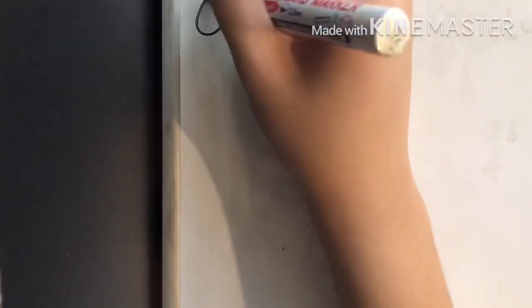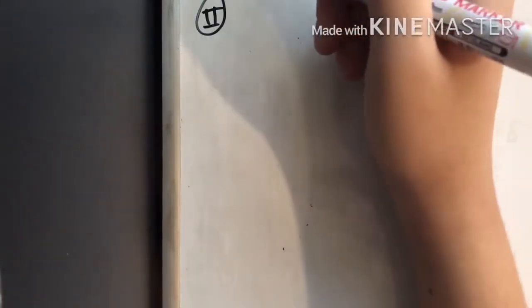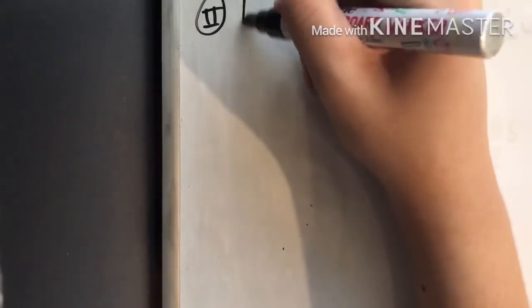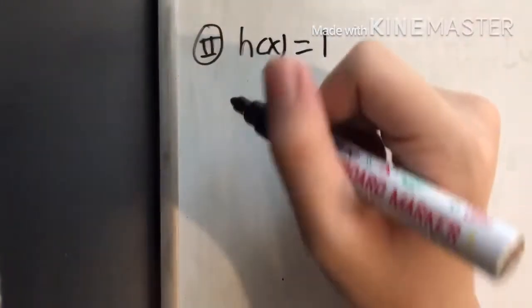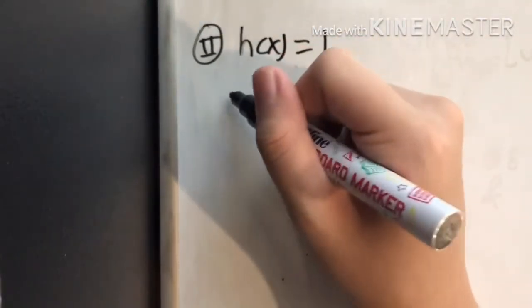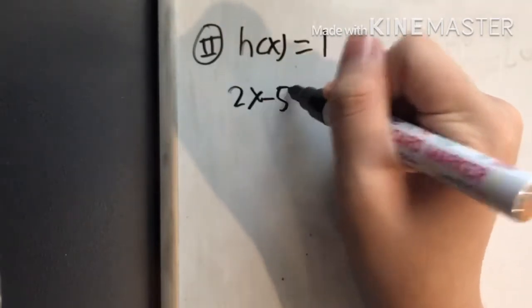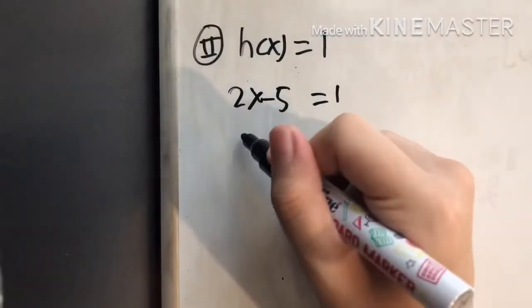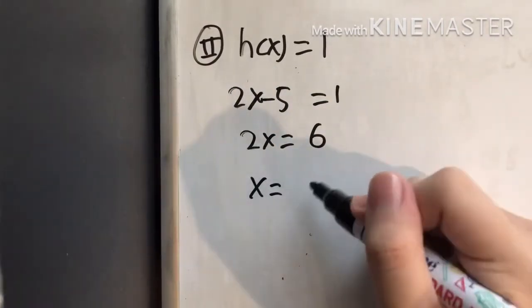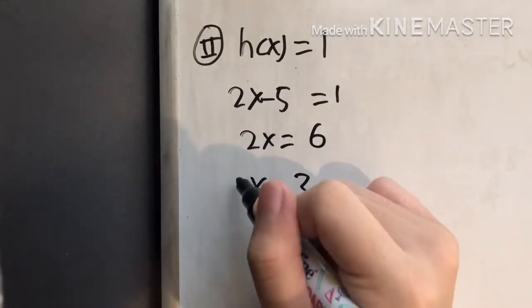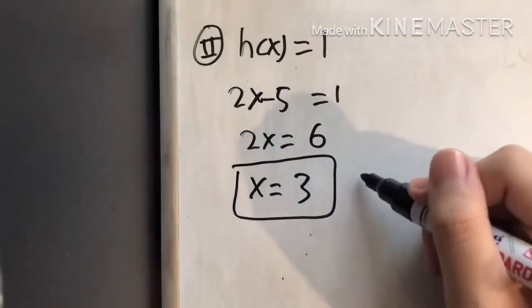Next up, the second condition, which is h(x) equals to 1. So we substitute the h(x), so it will become 2x minus 5 equals to 1. 2x equals to 6, and we divide it by 2, so x equals to 3. That's for the second condition.